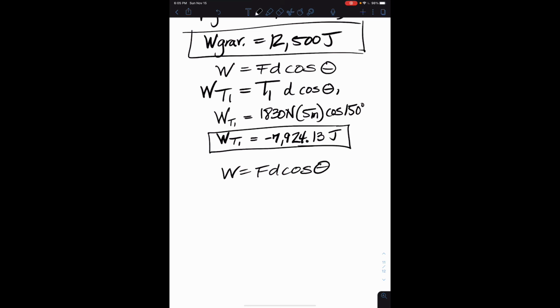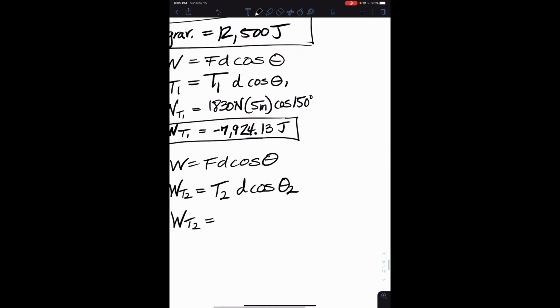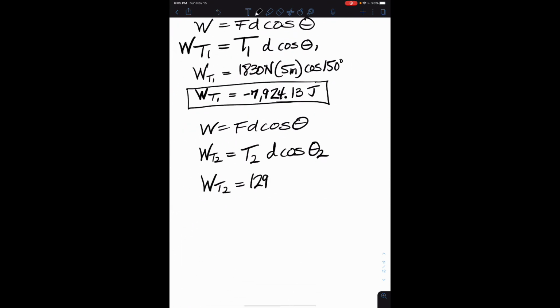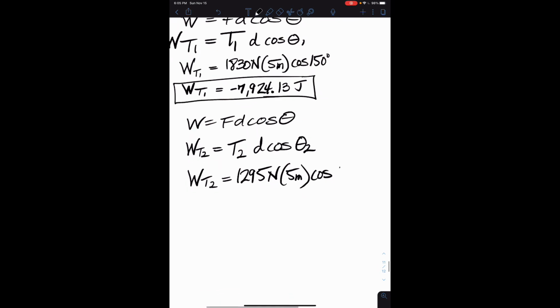W of T2 is equal to T2 times d times the cosine of theta 2. T2, I think we said, was 1295, times 5 meters times the cosine of 135.